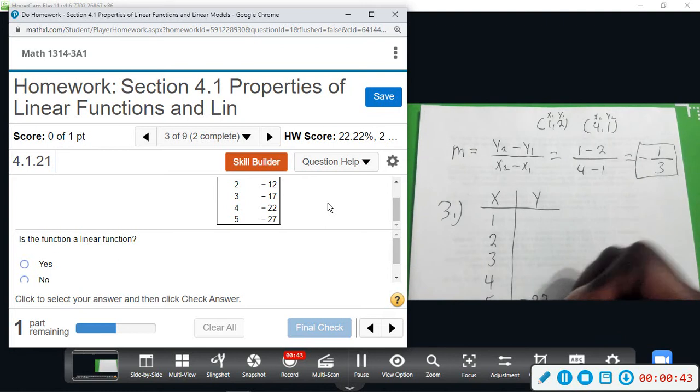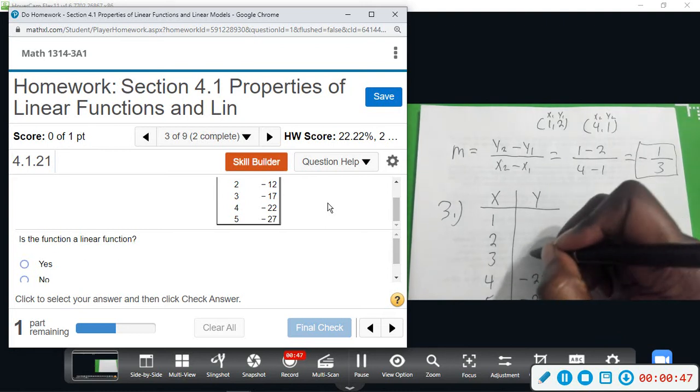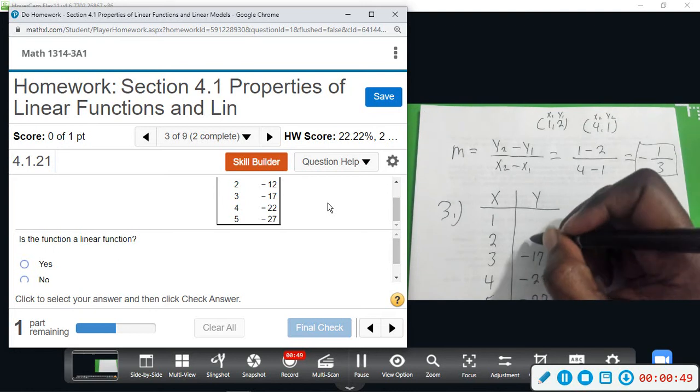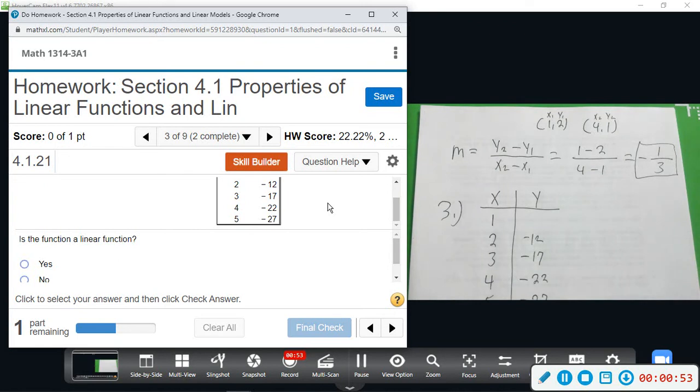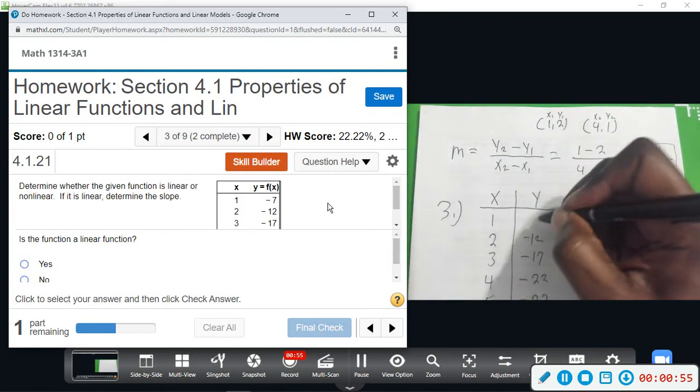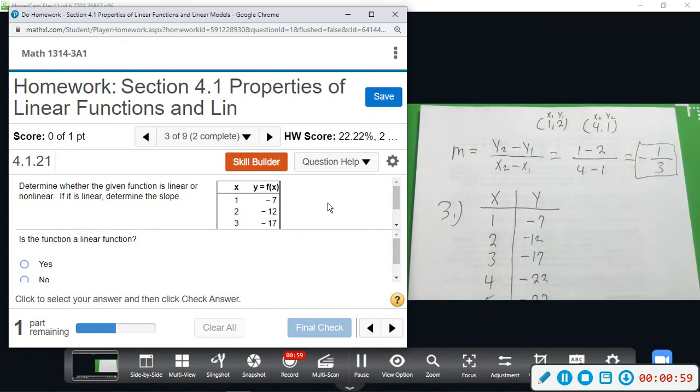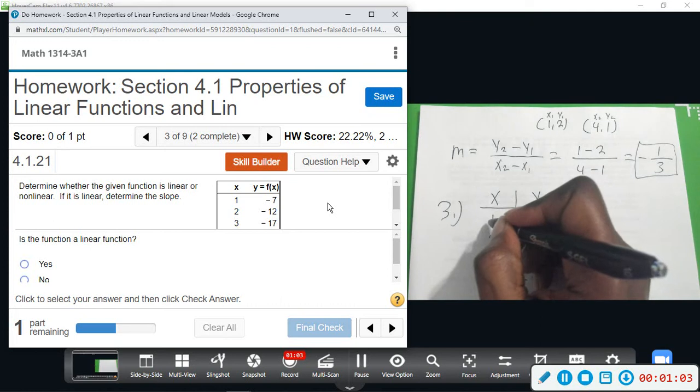Negative 27, negative 22, negative 17, negative 12, and negative 7.